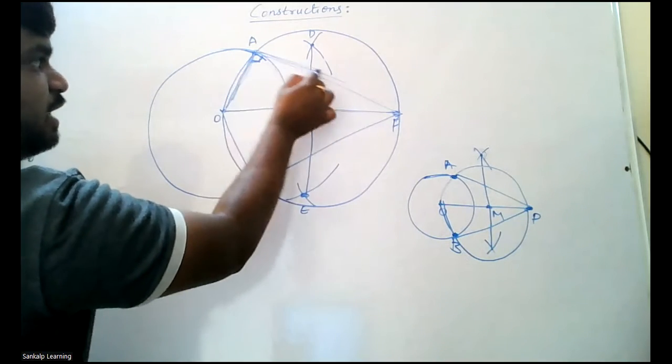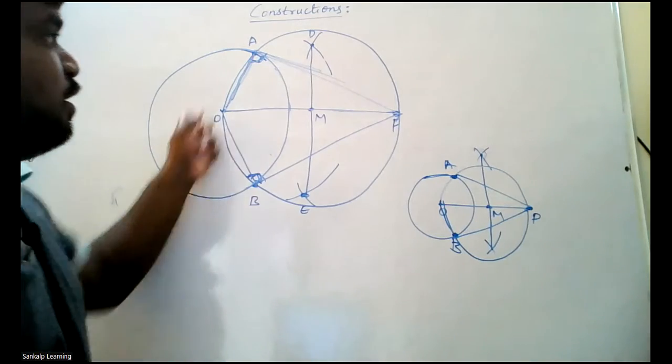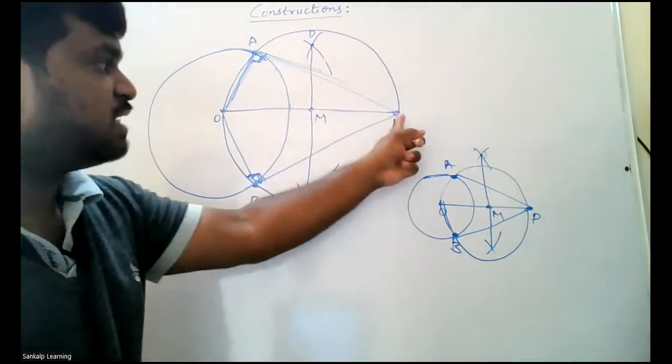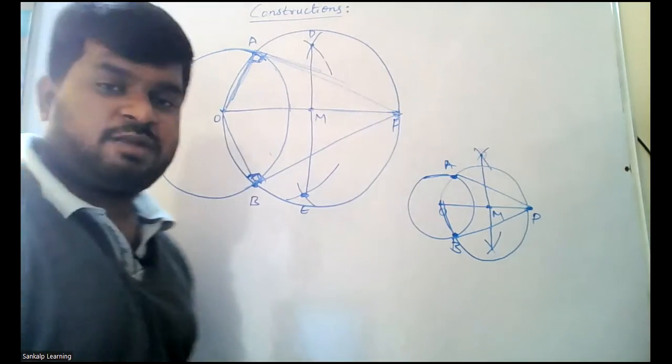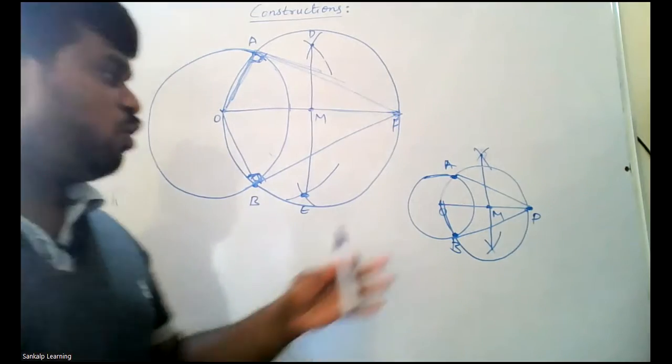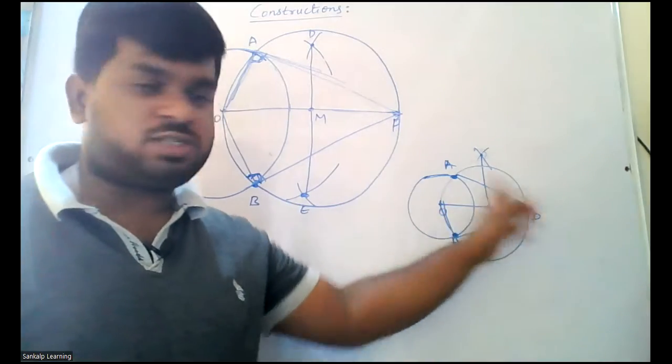The angle between the radius and the tangent should be 90 degrees. That is why we drew a circle with this as the diameter, so that we get 90 degrees here. This is the logic that we have used. I hope you have understood how to construct a tangent from a point outside the circle.